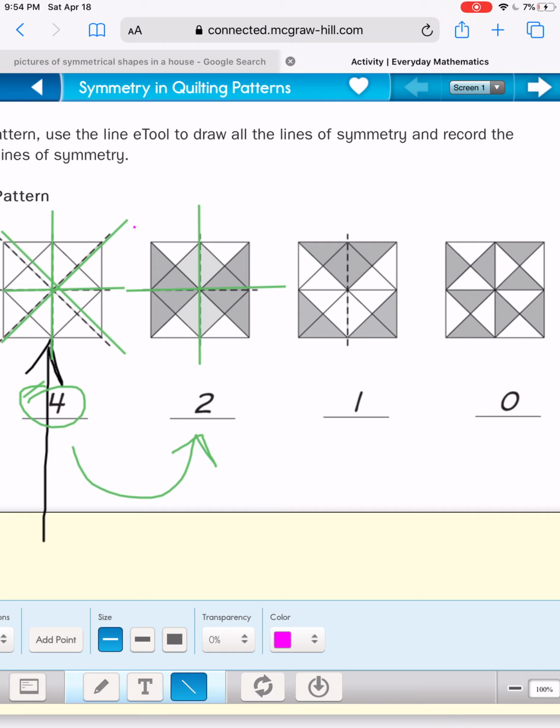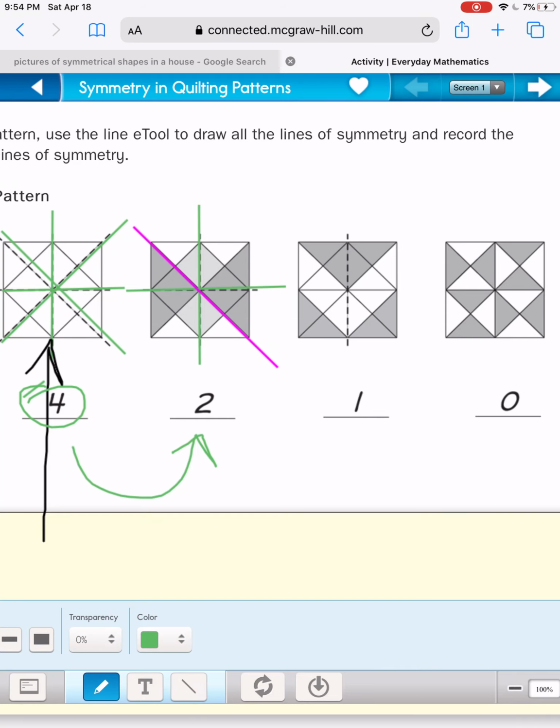So what I'm going to do in pink, I'm going to draw a diagonal line. If you can imagine me folding this shape in half along that pink dotted line, the triangles that would be on top of one another would be different. This triangle right here would be on top of this one. And as you can see, one is shaded and one is not.